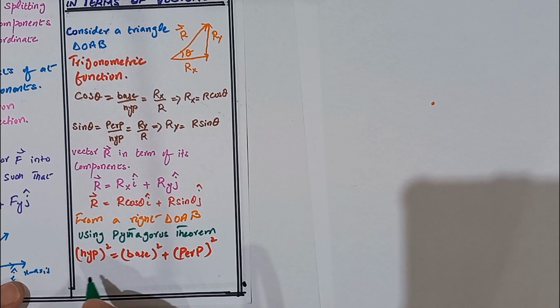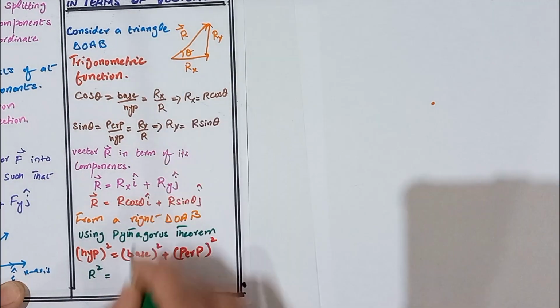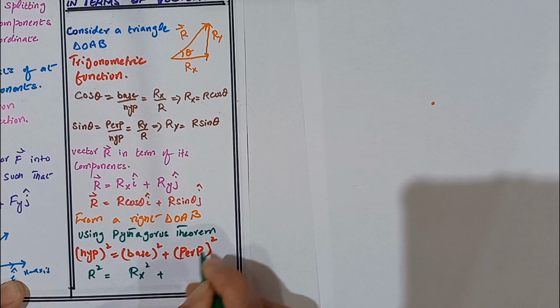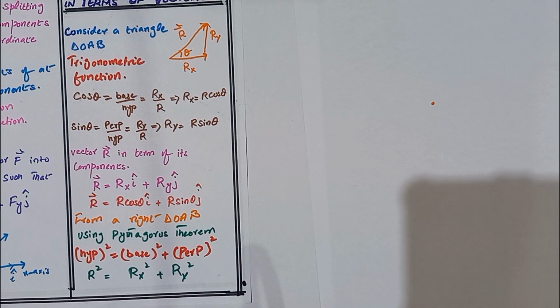So here we can write that hypotenuse, that is R squared, is equal to base, that is Rx squared, plus perpendicular, that is Ry squared.